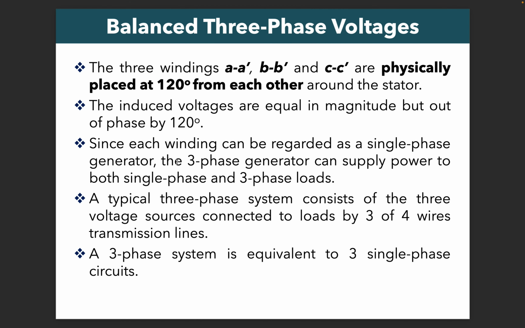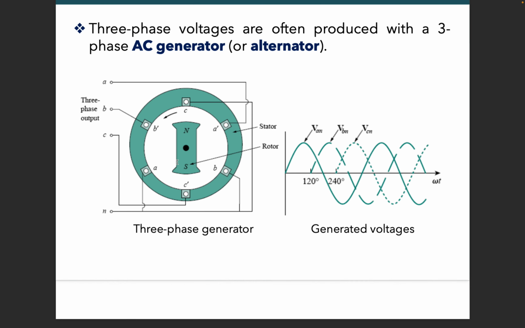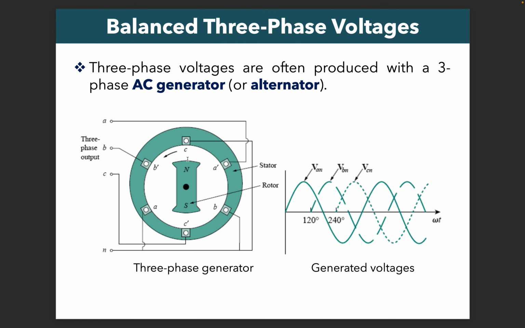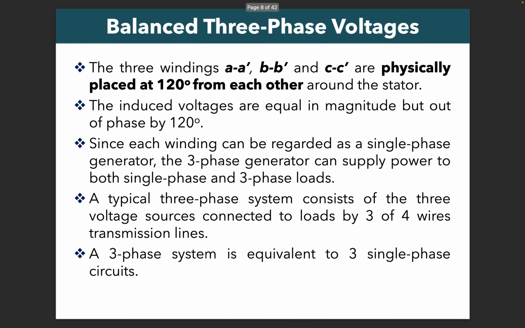The induced voltages are equal in magnitude, but out of phase by 120 degrees. This means that the peak voltage, or the highest voltage produced due to rotation of this rotor or this magnet, is the same, right, for all A, B, and C, but the only difference is the phase angle, which is 120 degrees.